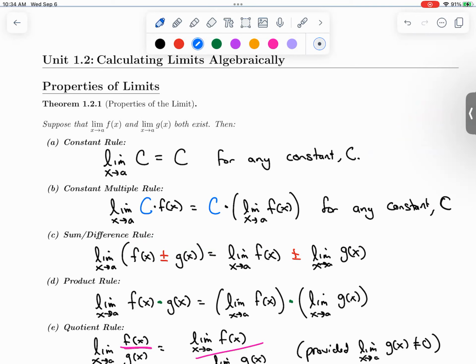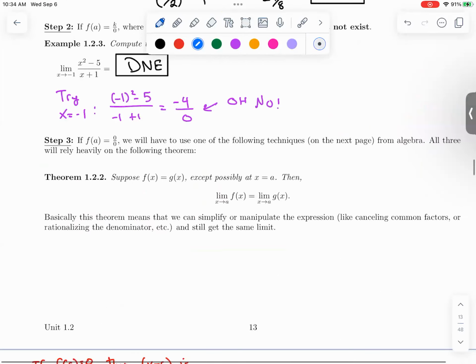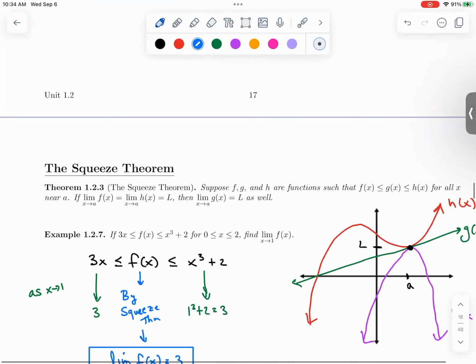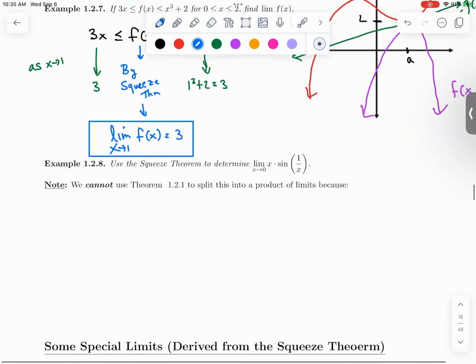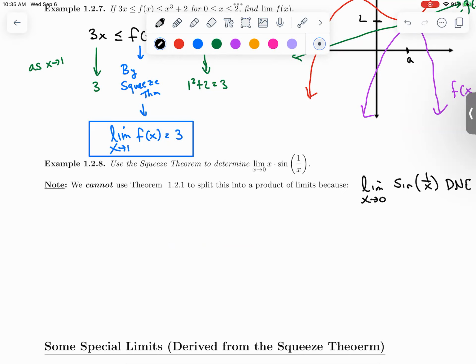So in order for all these rules to work, the limits of each piece need to also exist. And as we saw in section 1.1, this limit doesn't exist. So because the limit as x approaches 0 of sine of 1 over x does not exist, it breaks the suppositions of theorem 1.2.1.